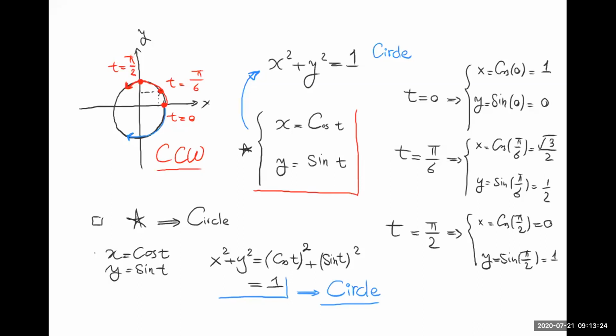Yeah, so sometimes you can use the same thing to find a parameterization of slightly more complicated things too.